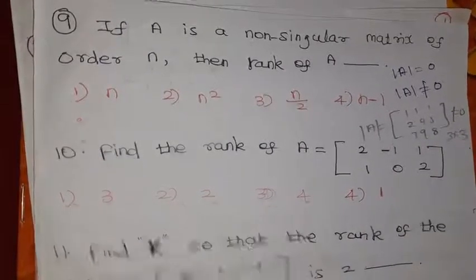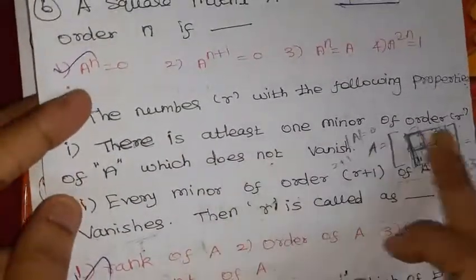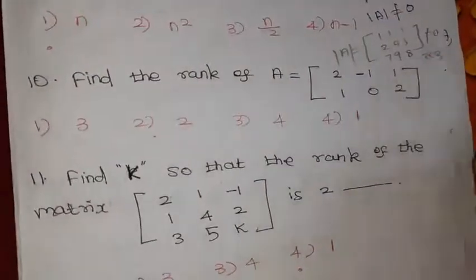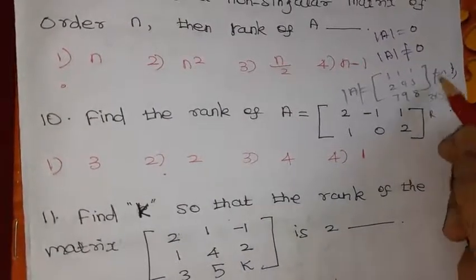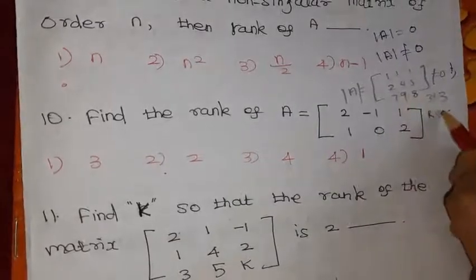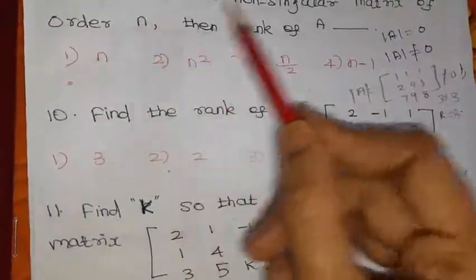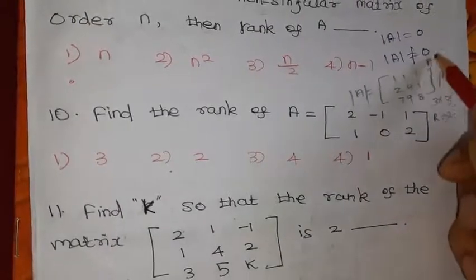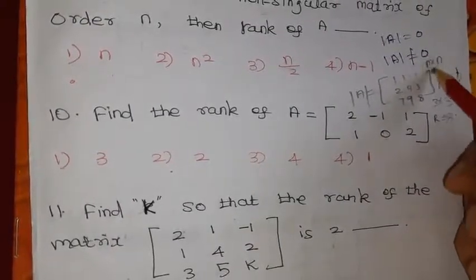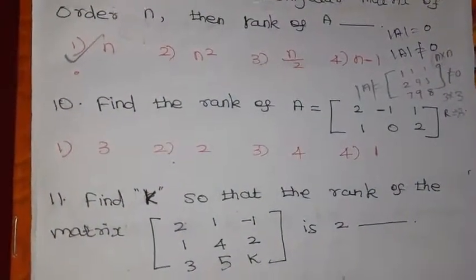At least one minor of order 3 does not vanish, so it is not equal to 0. Then what is the rank? The rank is obviously 3. It should not vanish means the rank of the matrix is the order n. So the matrix is non-singular, modulus A is not equal to 0 for an n cross n matrix. Then the rank is nothing but n only. So option 1, n, is the right option.